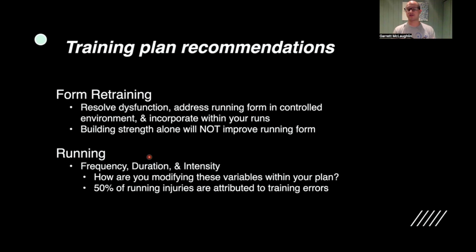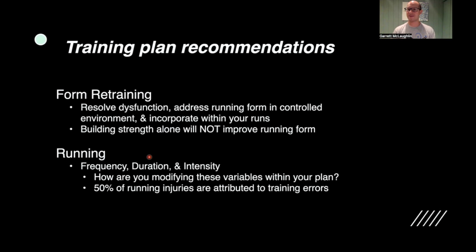There was a research article years ago that showed 50% of running related injuries are attributed to training errors. So if you're building up mileage too quickly, you don't have a drop back week or enough recovery built in with your plan, or there's too much intensity in the form of speed work, your running plan could be contributing to and exacerbating some of these biomechanical issues that Dr. Deming pointed out a little while ago.